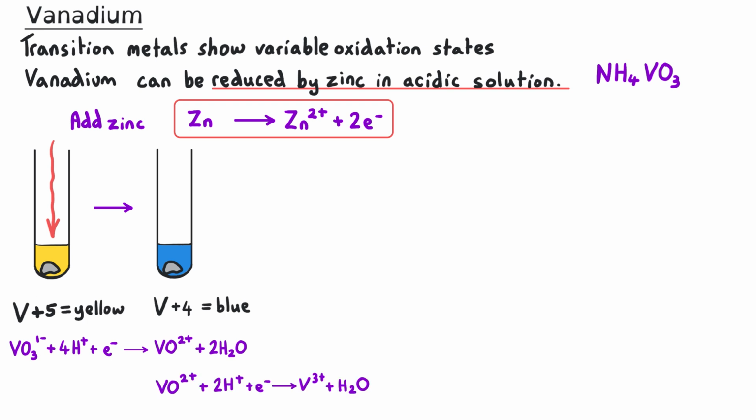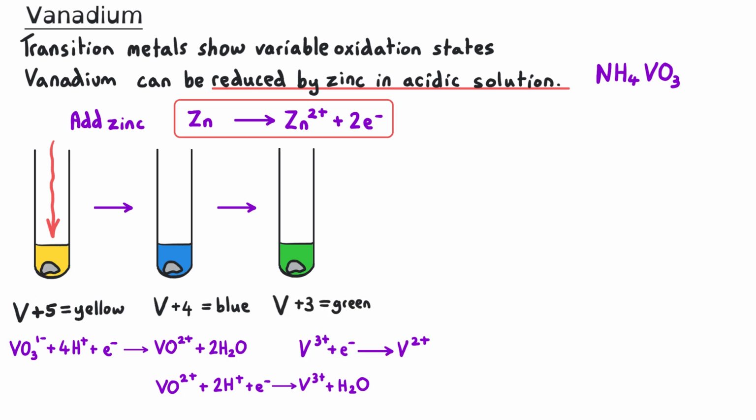But actually it doesn't end there. This vanadium in the +4 oxidation state can gain more electrons in acidic solution and become vanadium +3, which is a green coloured solution. And then finally that vanadium +3 can gain a further electron and become a vanadium with an oxidation state of +2, which is a violet coloured solution.